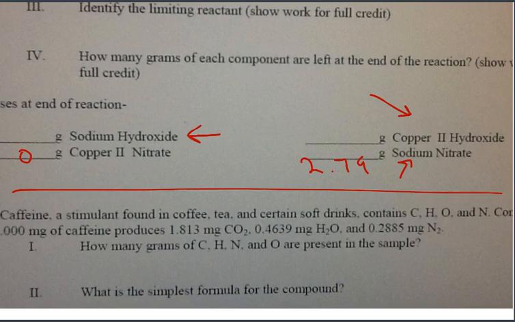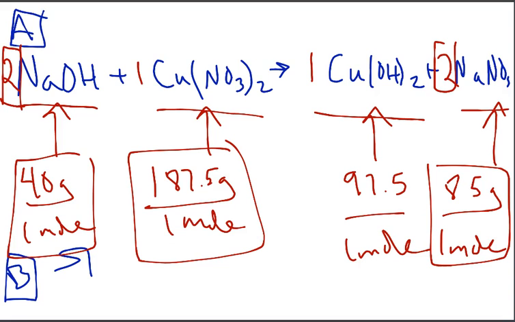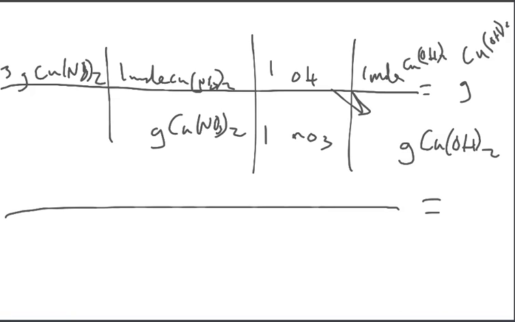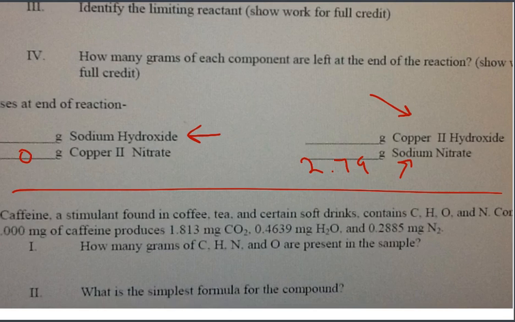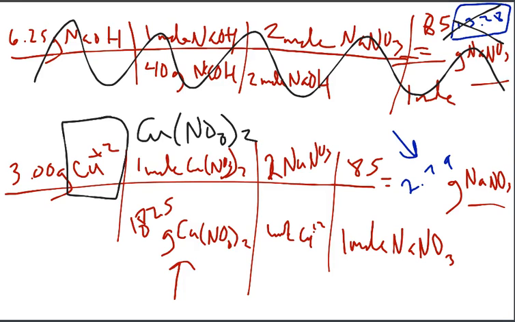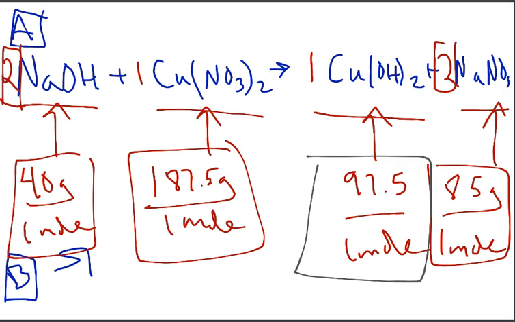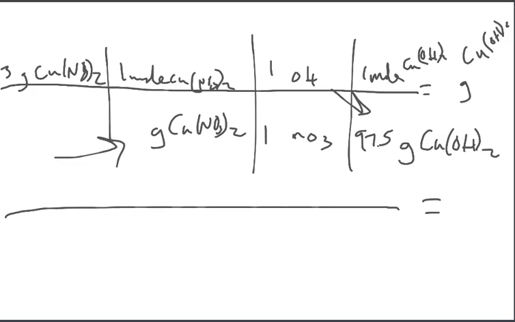I just need to go back a few slides. I found the mass of that. Sorry, my English is sucky right there. 97.5. Just going to put that right here. I also need to find the mass of copper 2 nitrate, and it was 187.5.